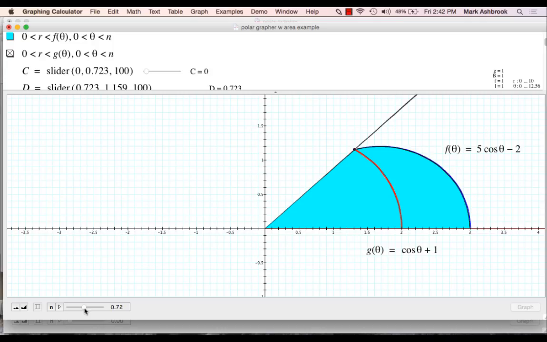So remember how these work. The integrals are like summing up little, real skinny triangular wedges. Every vertex of those triangles is at the pole, right? So as you sweep around counterclockwise, you're sweeping out area.